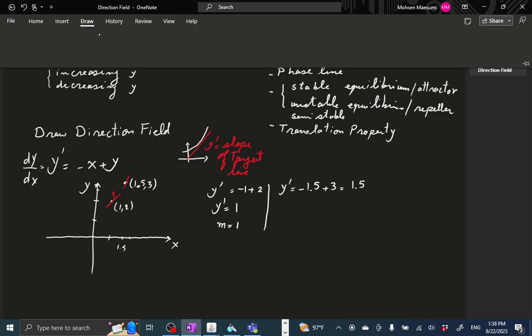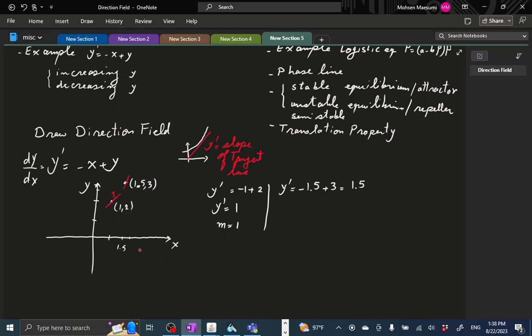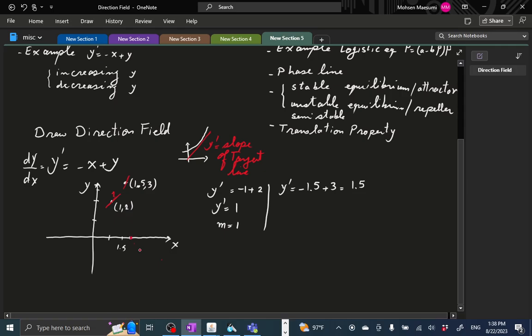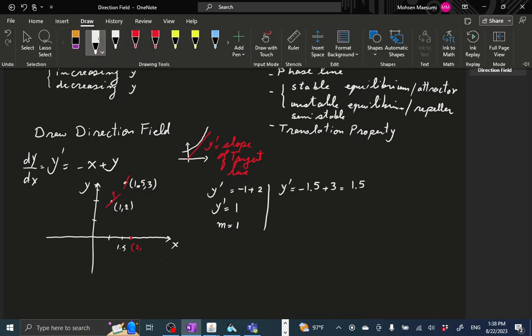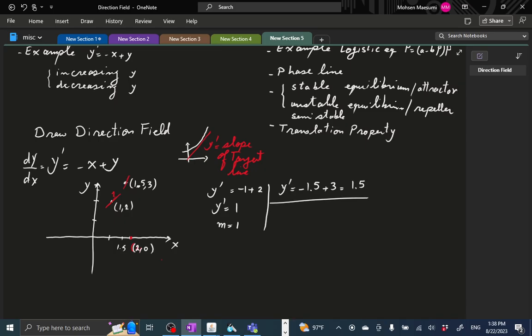Well, how about some other points? Just go ahead and experiment with a variety of points. So for example, suppose here I take the point 2 and 0. So x is 2, y is 0. What's going to happen there? Y prime: x is 2, so minus 2, and y is 0, and this whole thing becomes minus 2.